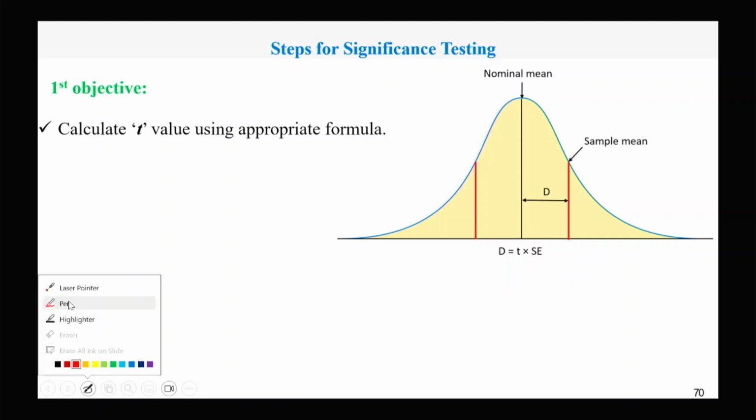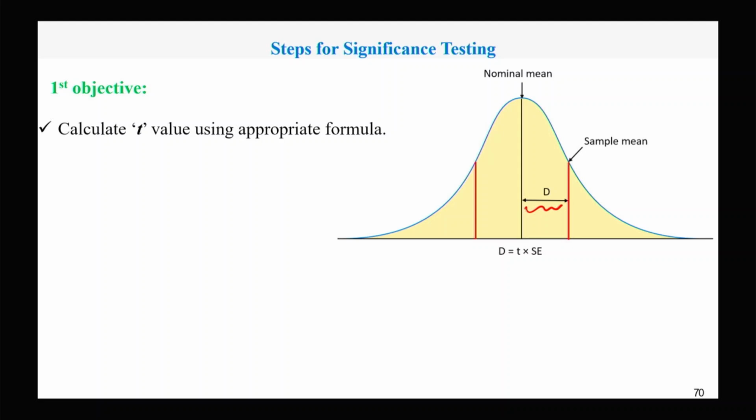Now how will you judge? There must be some reference value of this difference. We will calculate the value, we will get some difference value, some error value, but whether this error is okay or not, we don't know.